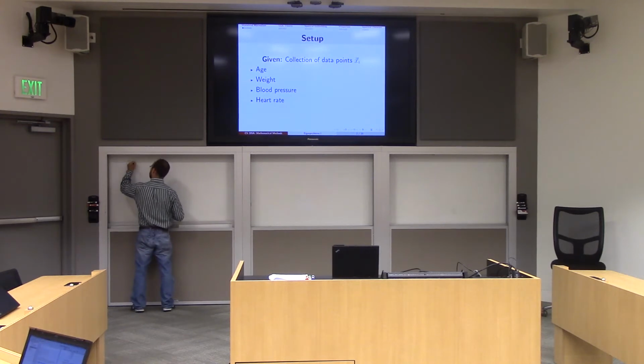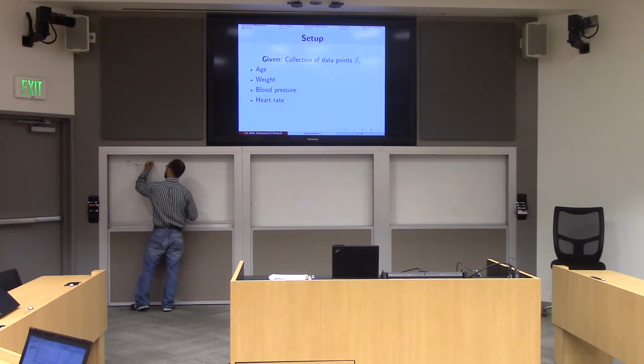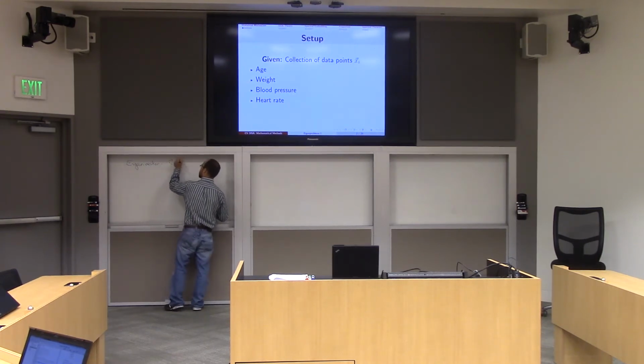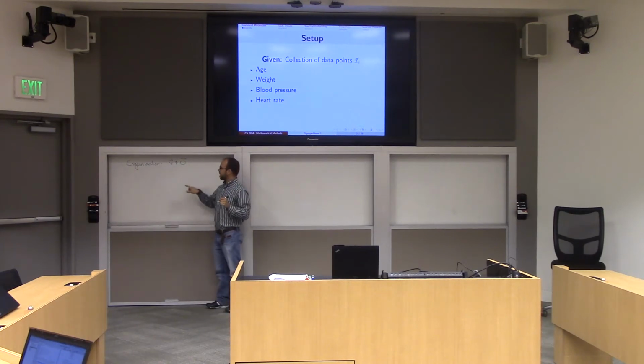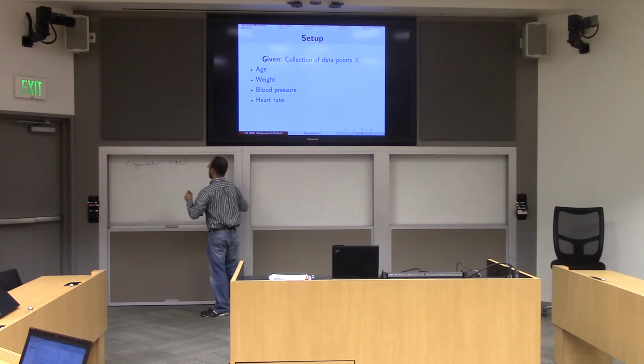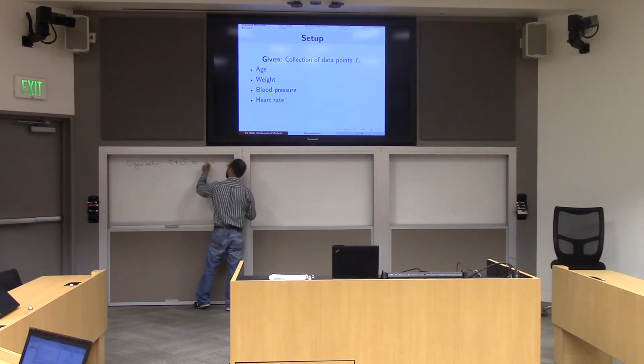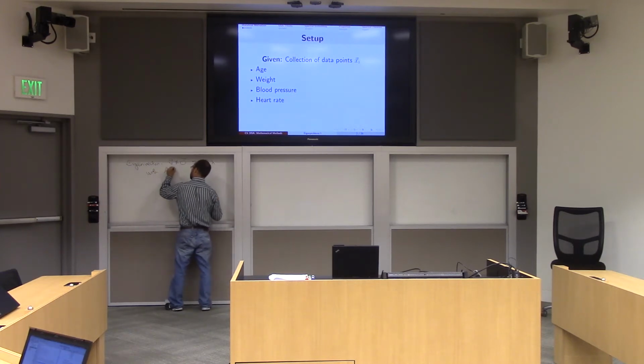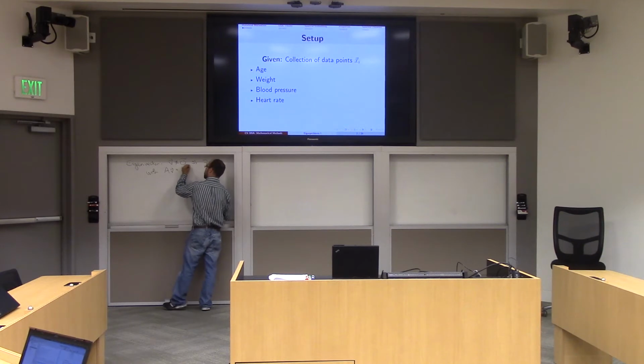An eigenvector is some v not equal to 0. That part's key. If you ever give me something equal to 0, you will receive 0 credit. Such that there's some lambda with Av = lambda v, right?